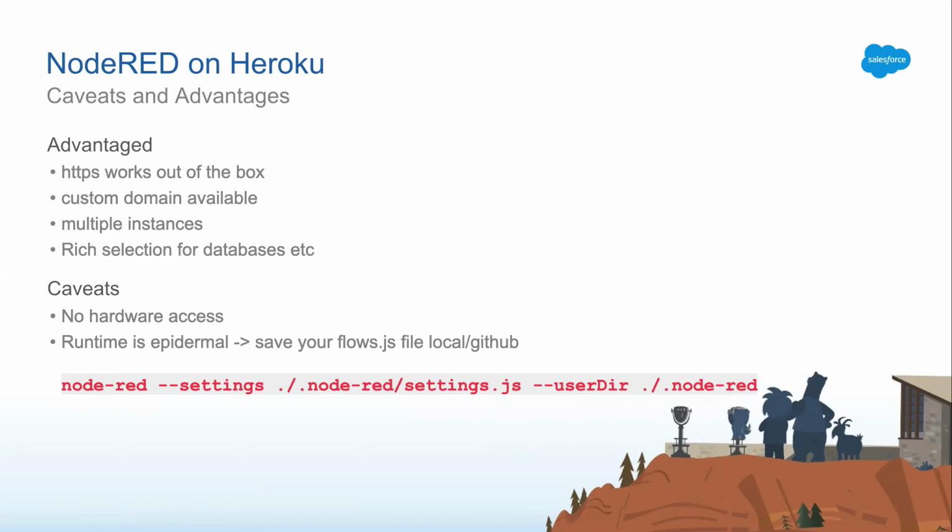Other typical question that comes up, can I secure NodeRED? So the answer is yes. You can either hardcode an encrypted password in your configuration for the admin access, or you can connect it to a single sign-on. So that is working, and you can use anything that is available for Node.js.